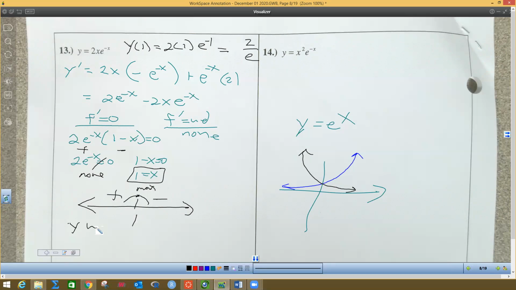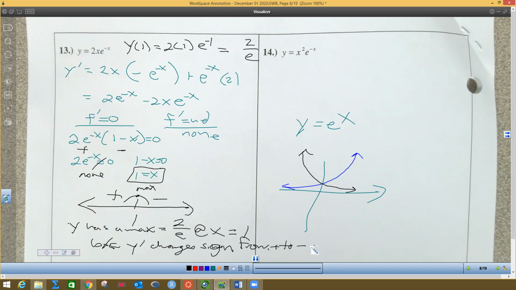So we would say y has a max equal to 2 over e at x equals 1 because y prime changes sign. And when I get to this point, I always look and make sure I get the right answer. So from positive to negative at x equals 1. And there's my answer.